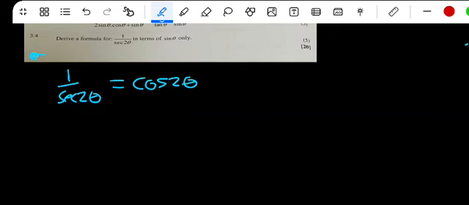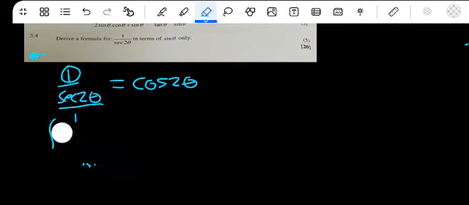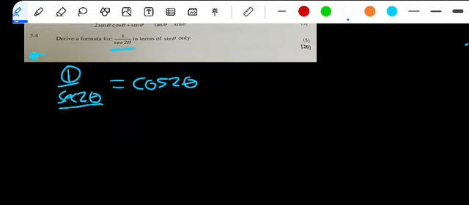Remember, we have 1 over this guy, which is the same as 1 over 1 over cos 2 theta. So this will simply give us cos 2 theta. Check a note about that. But they said in terms of sine, derive this. We say this is equal to this.